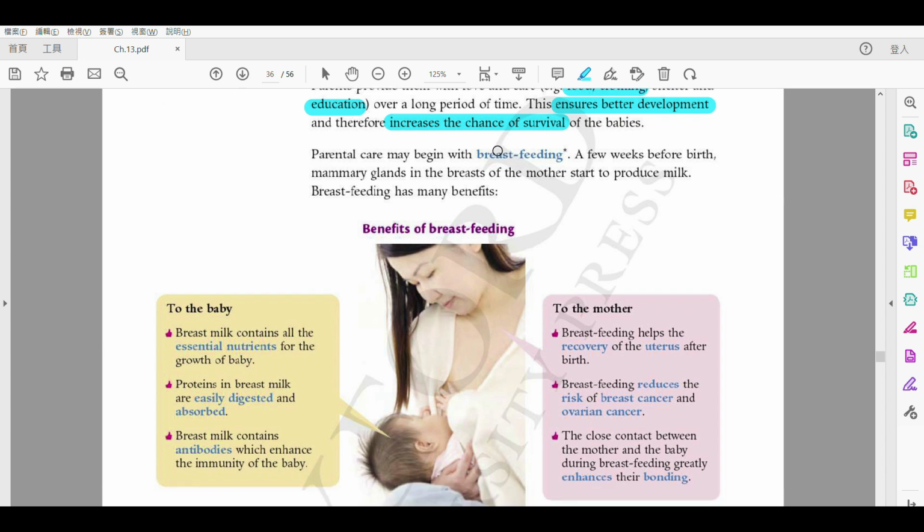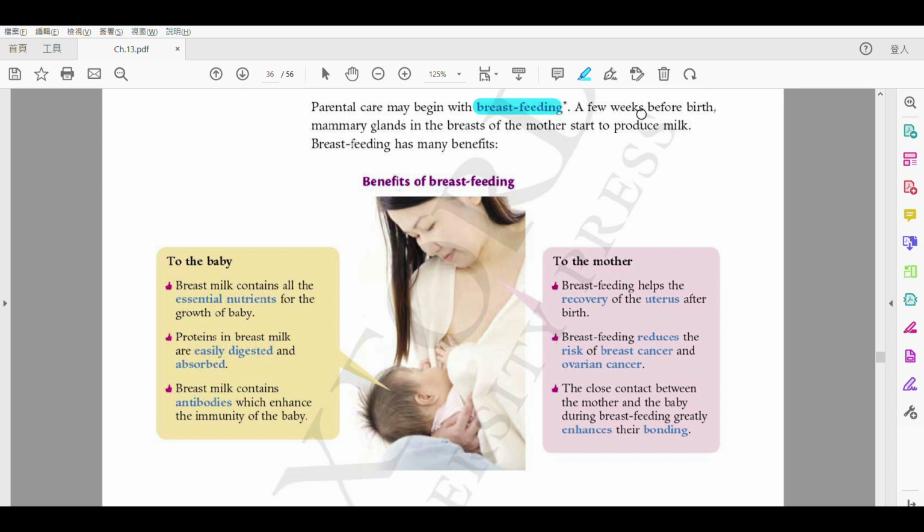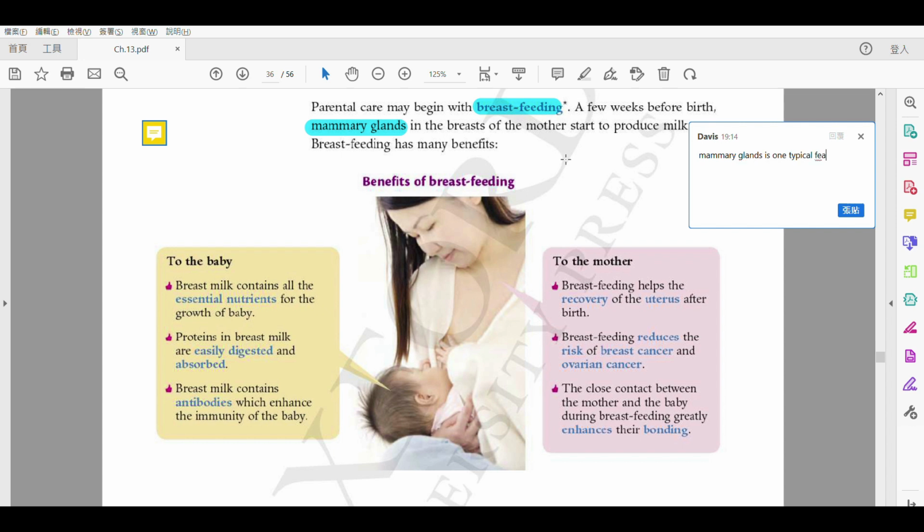好啦，然之後咯 and then when we talk about parental care 啦 start with 呢個 breastfeeding，breastfeeding 就係一個嘅母乳餵哺啦，and then so after a few weeks 啦咁就會呢個嘅 a few weeks before 佢哋嘅 birth 啦咁呢個 breast 嘅 mammary glands. So this is also telling you mammary glands is one typical feature for mammals.